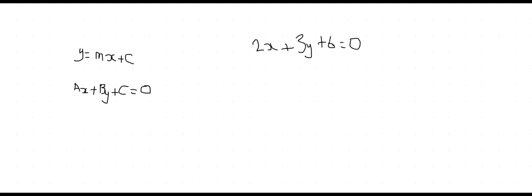As we can see, this equation is in the general form. It's not in the standard form. So one way you can go about this is you write this in the standard form and then use the previous method to graph it. Or you can use the method of using the x-intercept and the y-intercept to have 2 points, and then you join those 2 points.